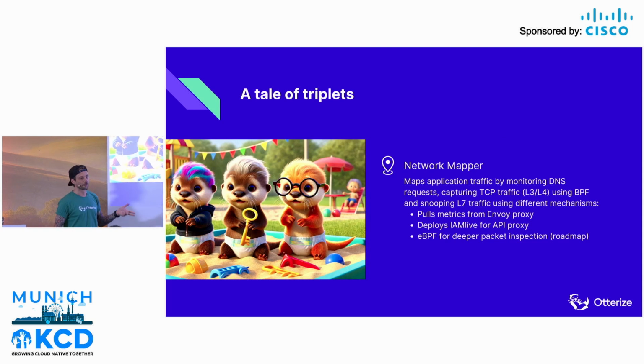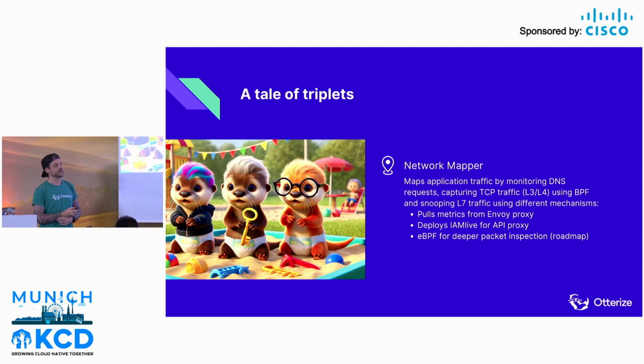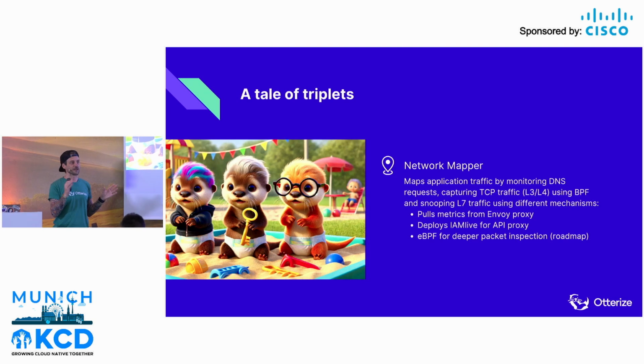And the last one, the third operator, is the network mapper. So far, I've mentioned client intents, which you write manually. And this is where I think a lot of the magic happens.